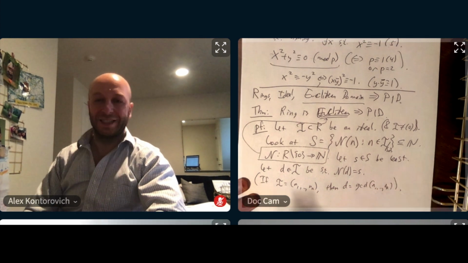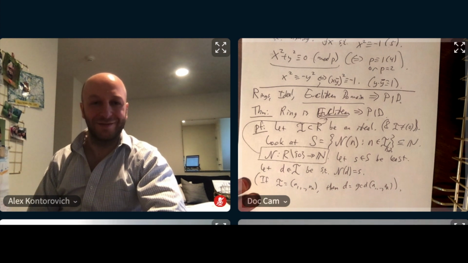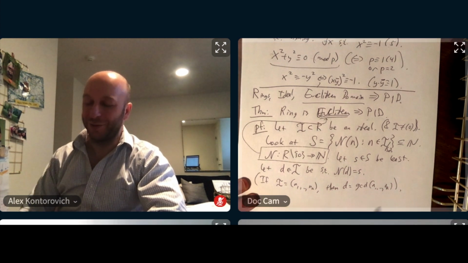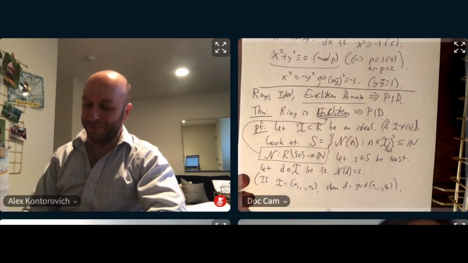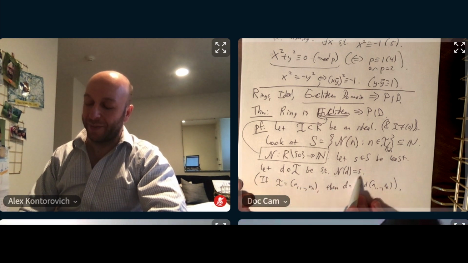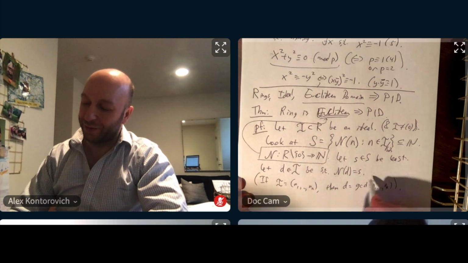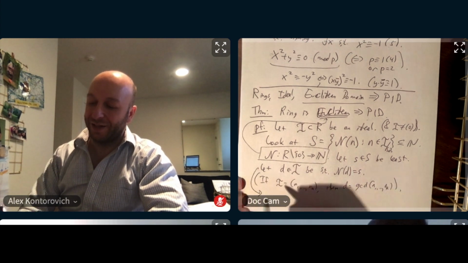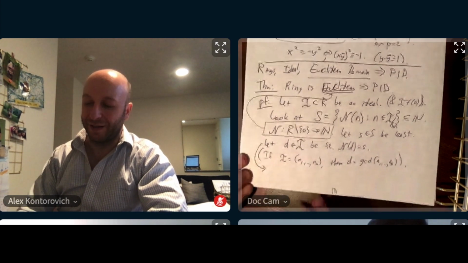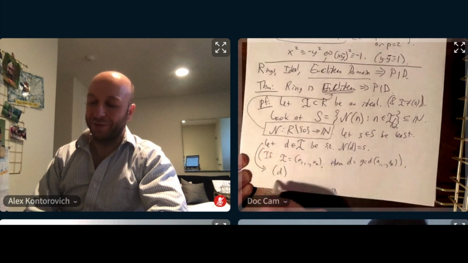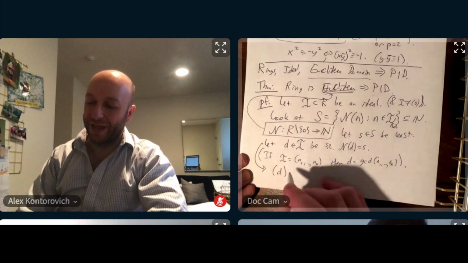Again, it's the same argument we've been using again and again. So D is this least element. Of course, D is in the ideal. So the ideal generated by D, all multiples of D, is a subset of the ideal.